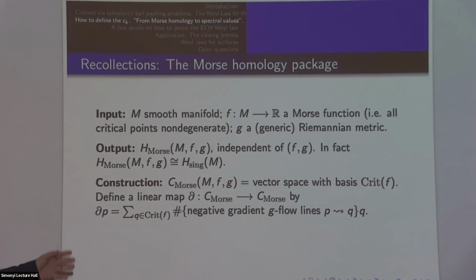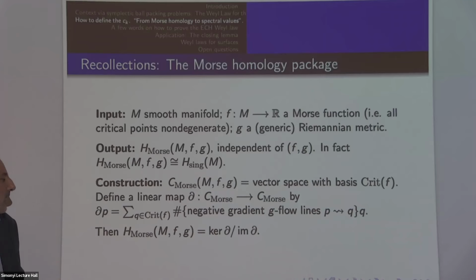And I get a map just by counting the flow lines from P to Q. Then the Morse homology is just the homology. If you know these terms, you would call this a chain complex, and this is the homology of this chain complex. But as I say, I want to put this in a rather high level point of view.